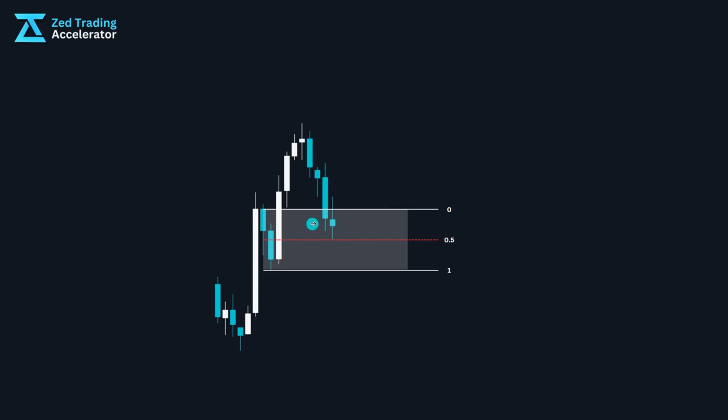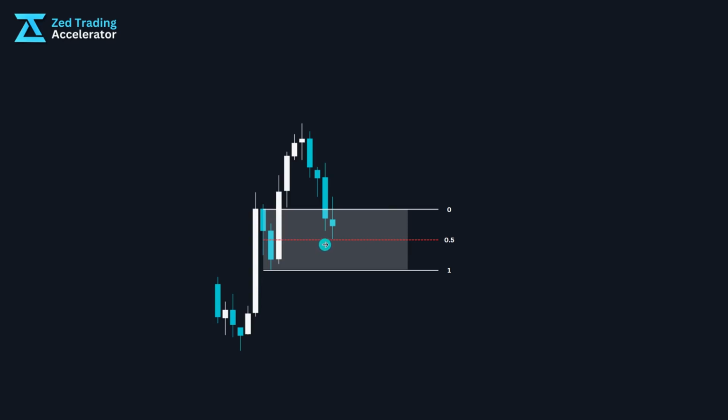The price can do this. We can see the price react into the mean threshold of that order block. We can also see the price go lower into the mean threshold of that order block, but we don't want to see a close. We don't want to see a candle body close.